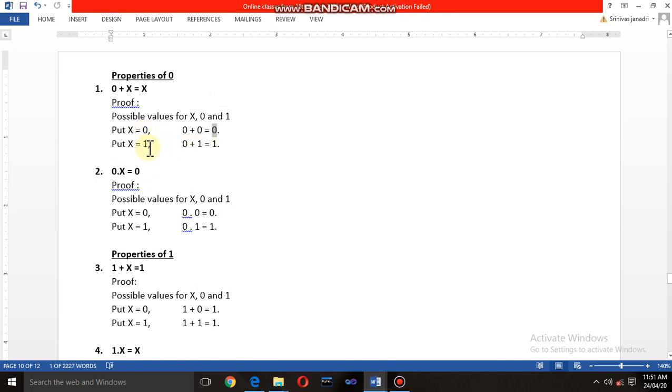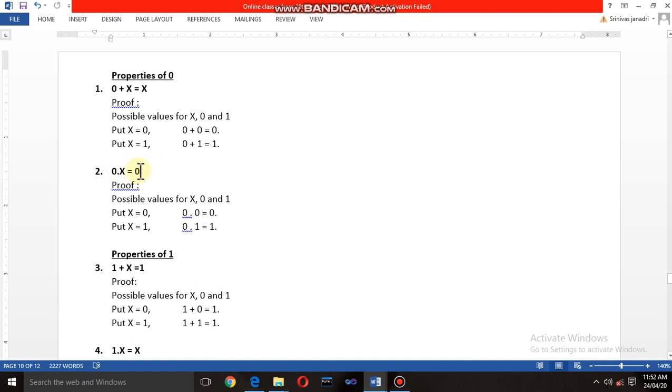When you put x is equal to 1, the result is again 1. So properties of 0 tells you the first postulate, 0 plus x is equal to x. And the second postulate of properties of 0 is 0 and, this dot symbol tells you the AND operation, 0 and x is equal to 0.